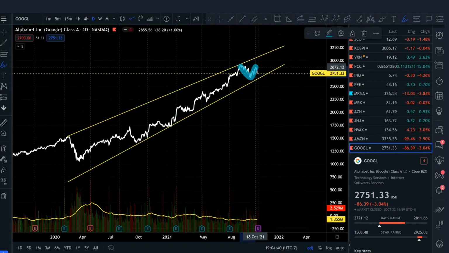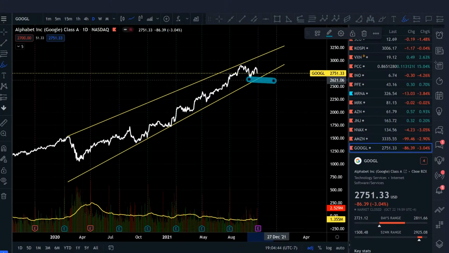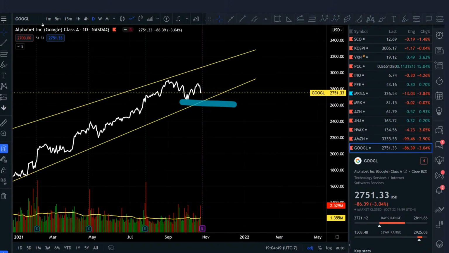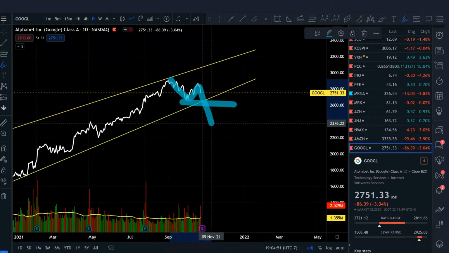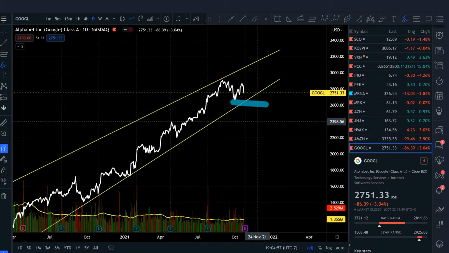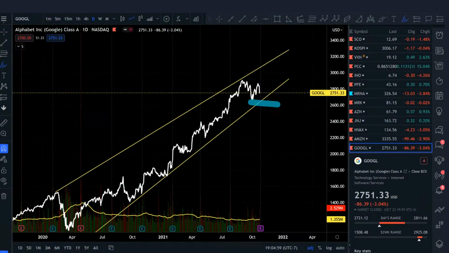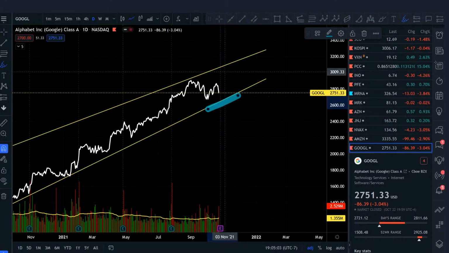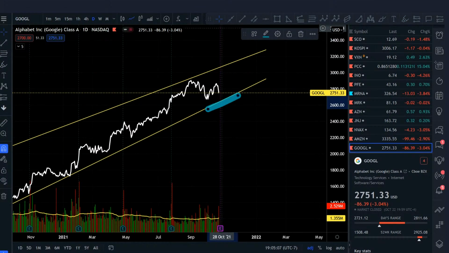If earnings is bad, I could definitely see a retest of that support right here at 2,600. And if it breaks down significantly, this thing can crash way down to like the 2,500 range. So with these trend lines and rising wedge types, it's the support level right here in this blue. If that does not hold, Google has an intermediate problem.